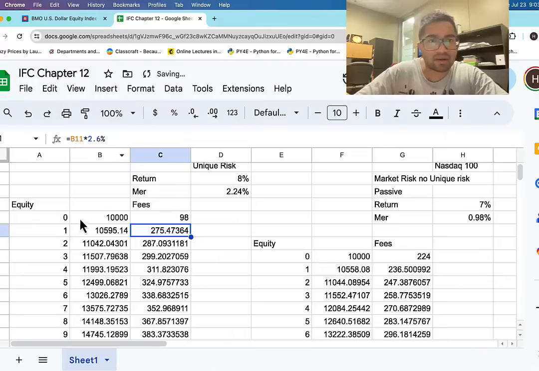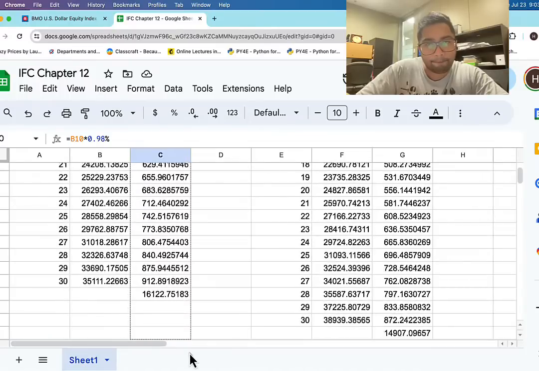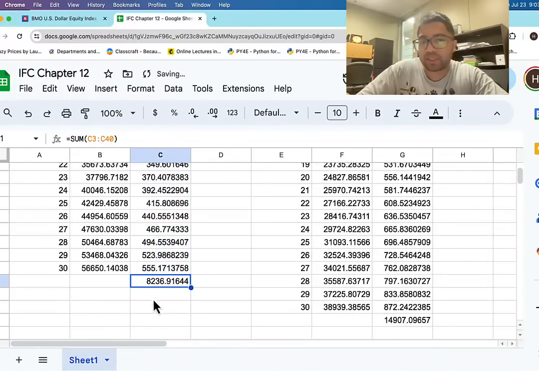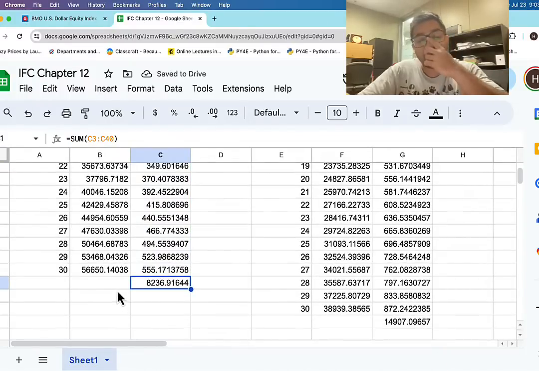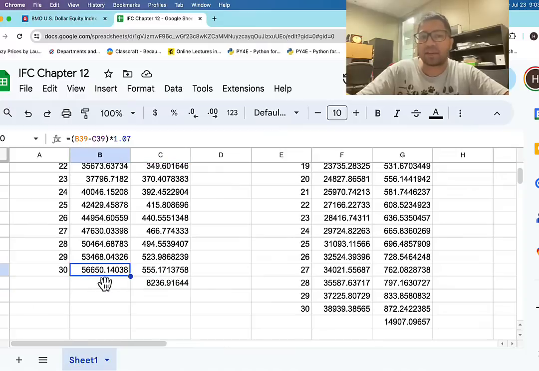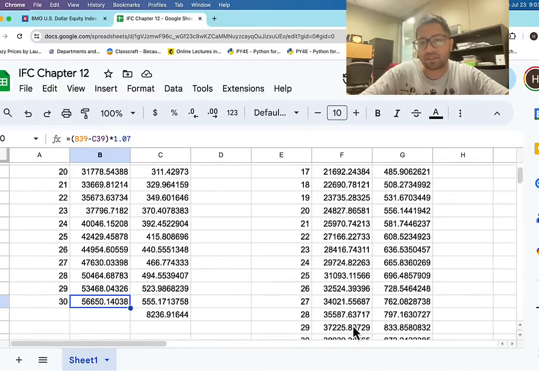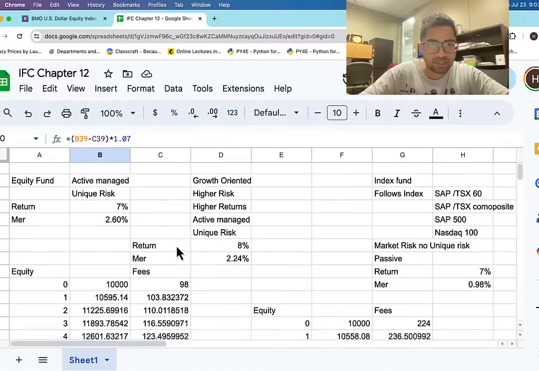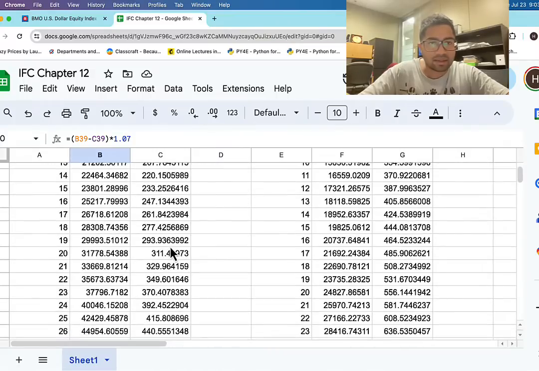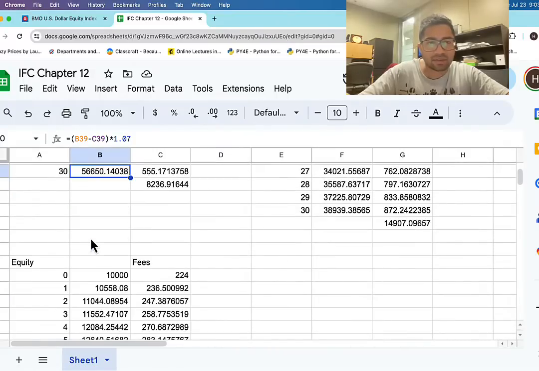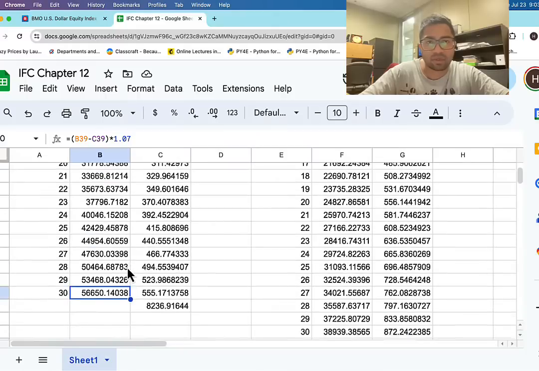Returns are similar, around 7%. So the value will be significantly higher. You will end up with $56,000 versus $38,000 in a growth fund versus $36,000 something on a normal equity fund.